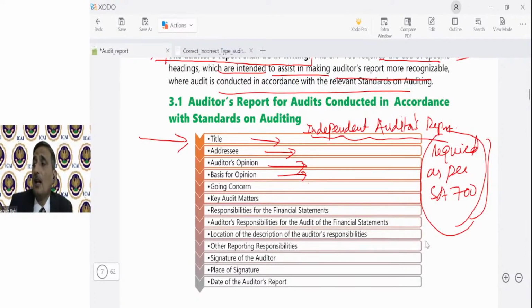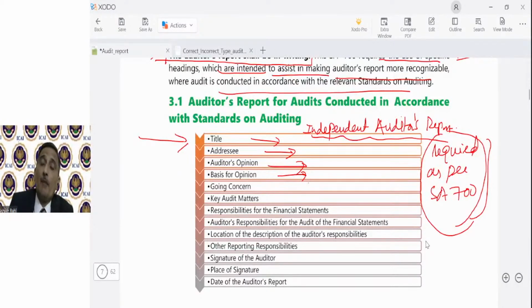Yes, Abdul, what you are asking, we shall be discussing when we come to how modifications to the opinion are made as per SA 705, probably today or in the second lecture. Yes, Jatiraj, we have to remember the headings.